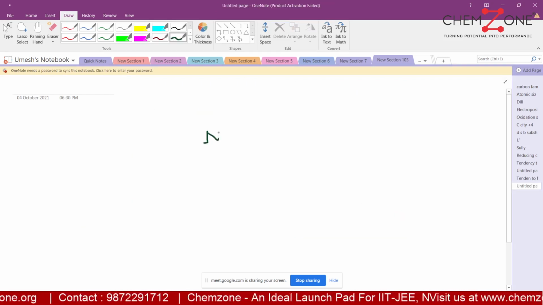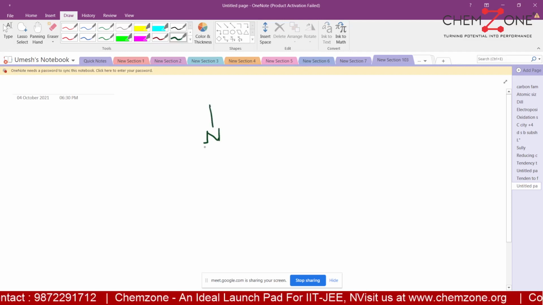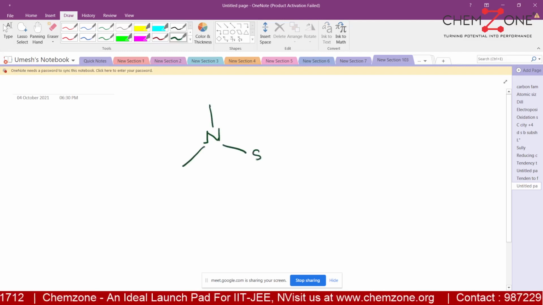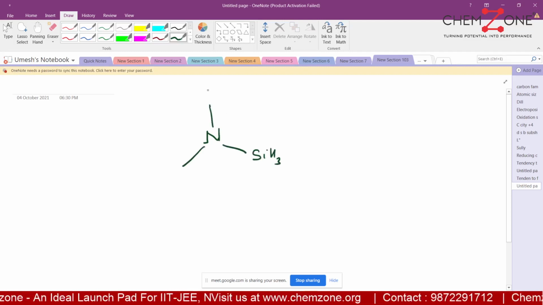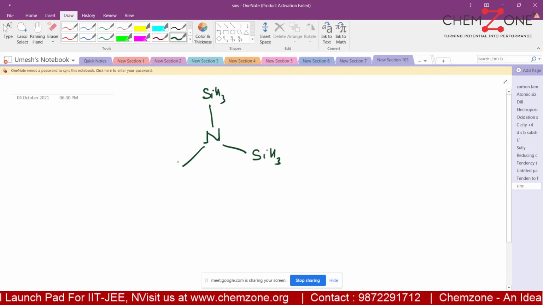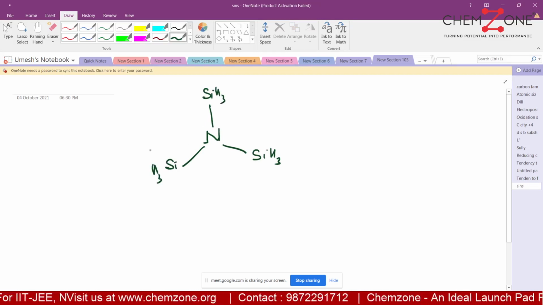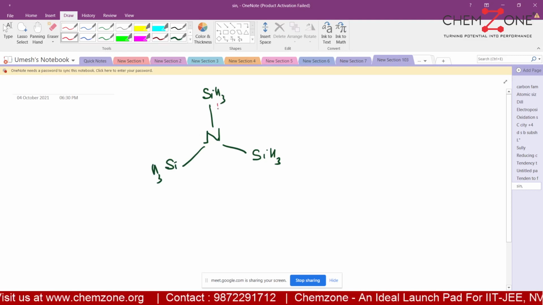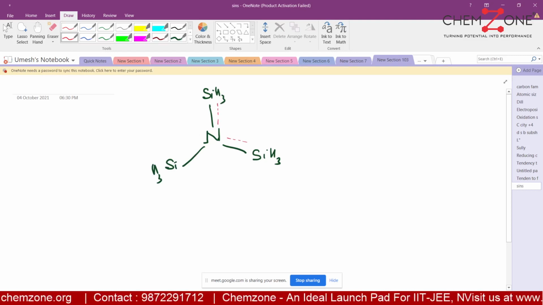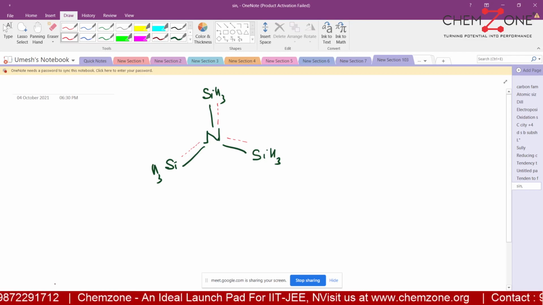This compound is not pyramidal, but trigonal planar, with a double bond character.